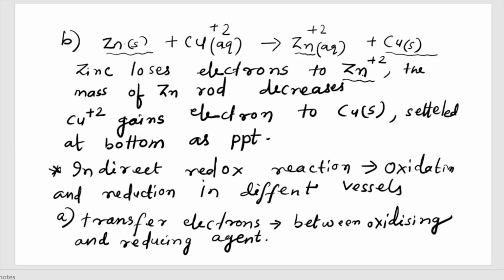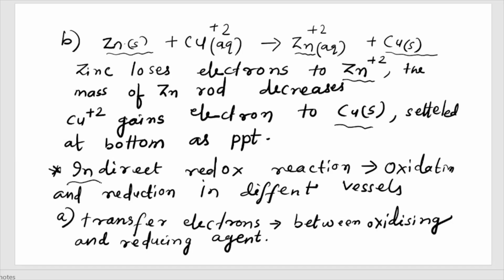Here Cu2+ gains electrons to form Cu. In the beaker, copper sulfate solution represents Cu2+ ion, and it gains electrons from zinc and changes to copper solid, settling at the bottom as precipitate. After the reaction you can find copper as a solid settled at the bottom.